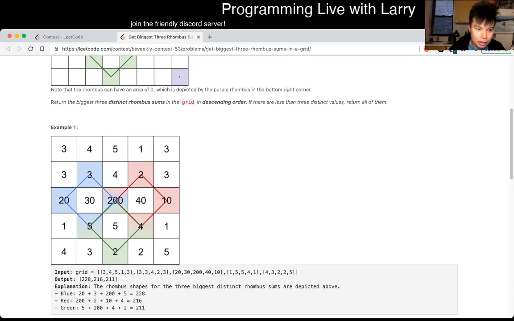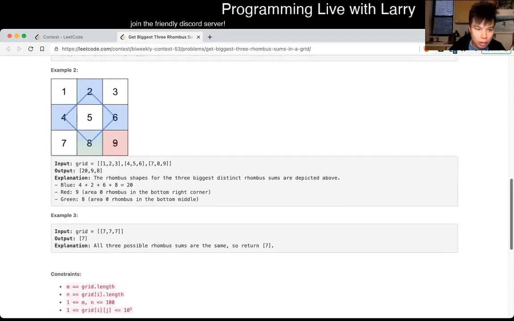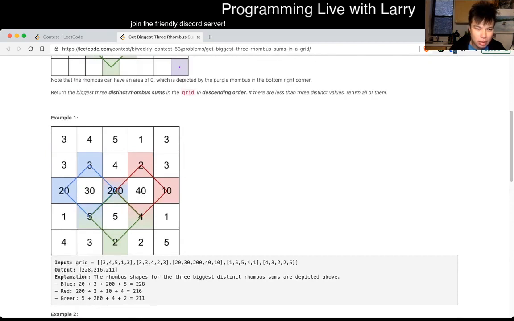How do I translate this thing? More positive numbers. Okay, so the length of the diagonal.